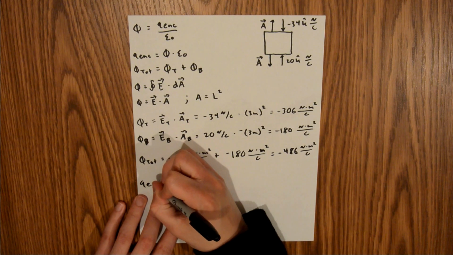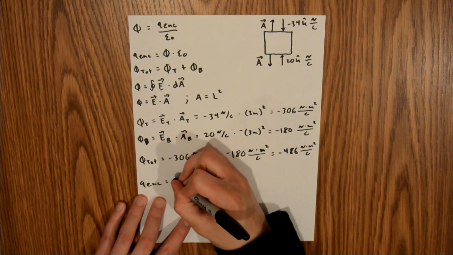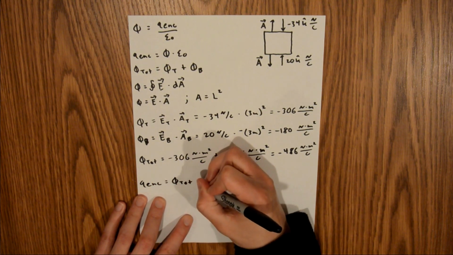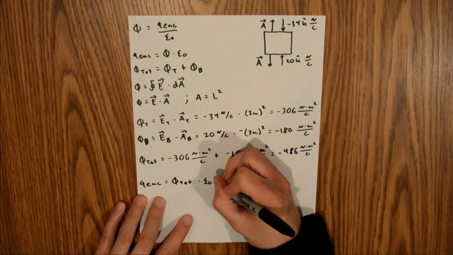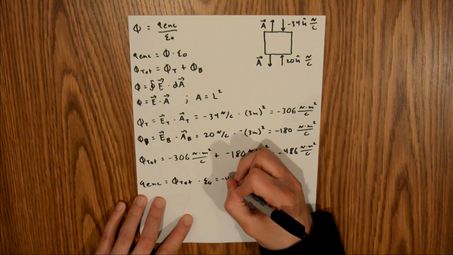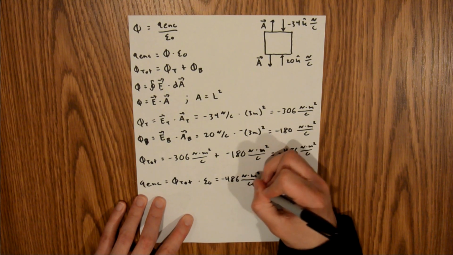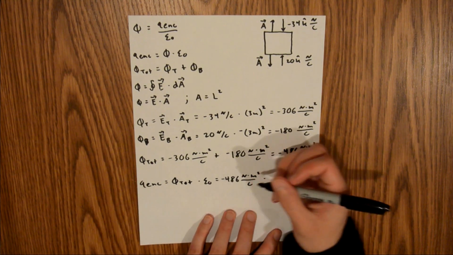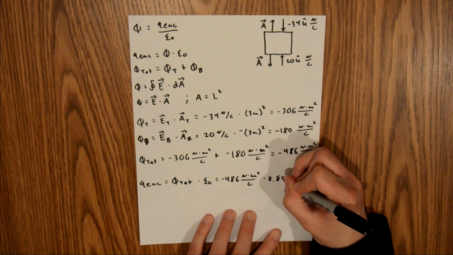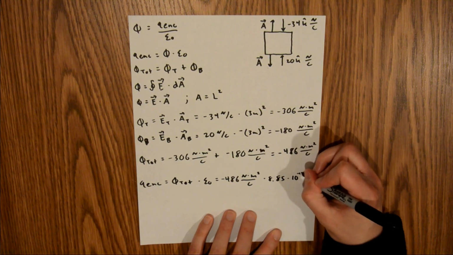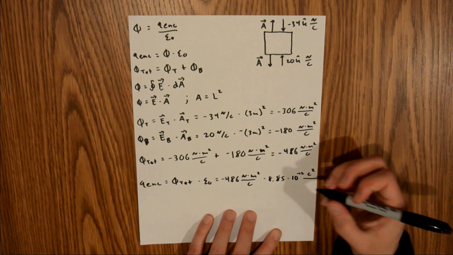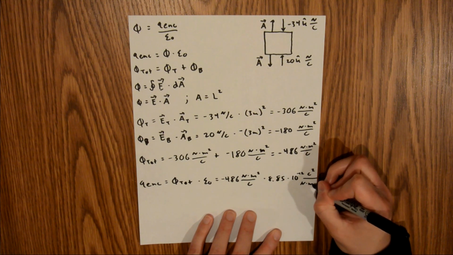Q enclosed is equal to flux total times epsilon naught, which is negative 486 newtons times meters squared per coulomb times epsilon naught, which is 8.85 times 10 to the negative 12th coulombs squared per newton meter squared.